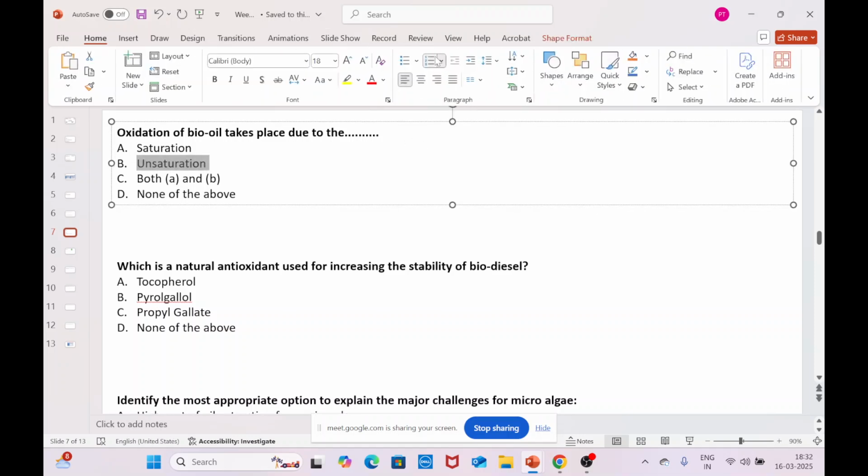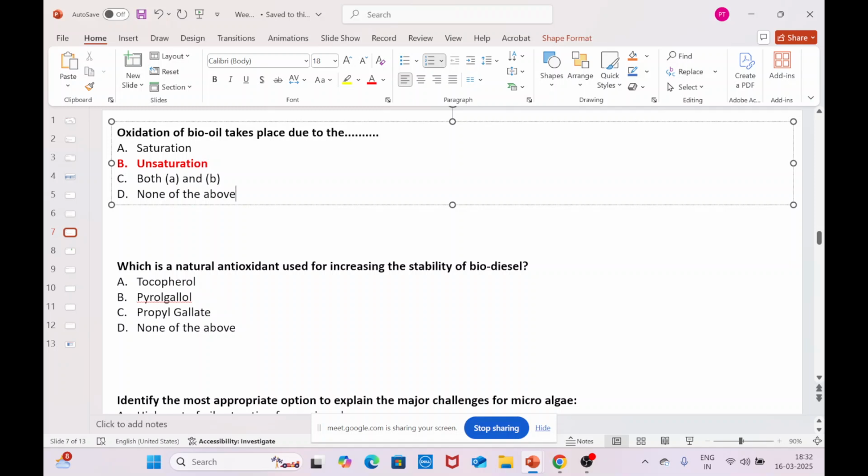The reason is that unsaturation has a double bond, so the possibility of oxygen attacking the double bond to form other kinds of oxidized products is more, whereas in the case of a saturated compound, that possibility is not there. So oxidation of bio oil takes place due to the unsaturation present in the material.